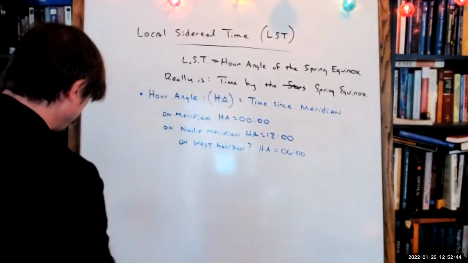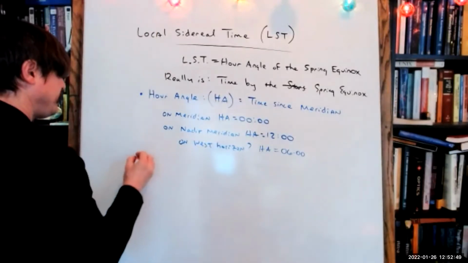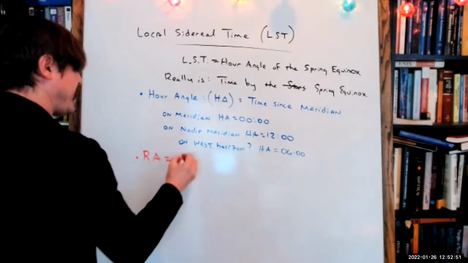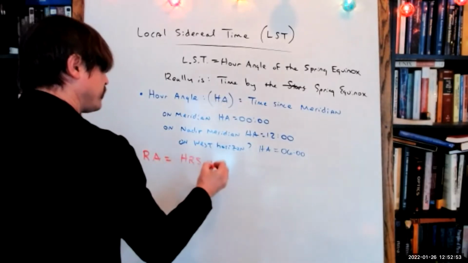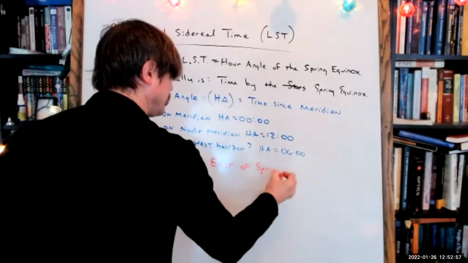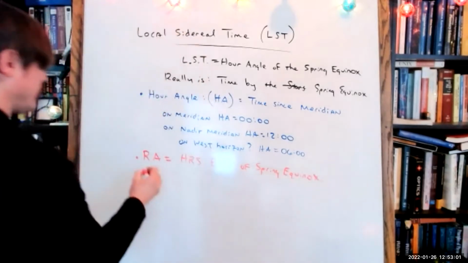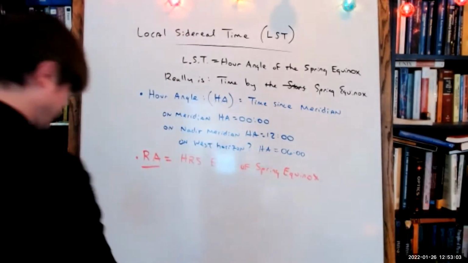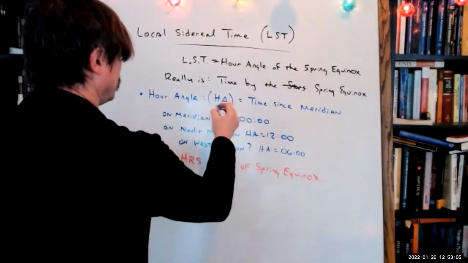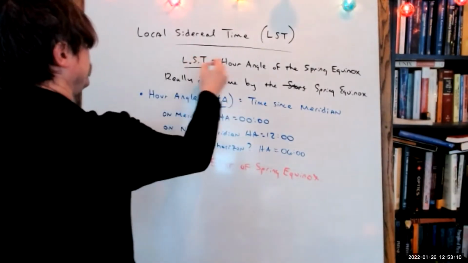And I want to remind you that last time, because right ascension is going to be a part of this, we defined right ascension as the hours east of the spring equinox. Right ascension, hour angle, and local sidereal time are all related to each other.